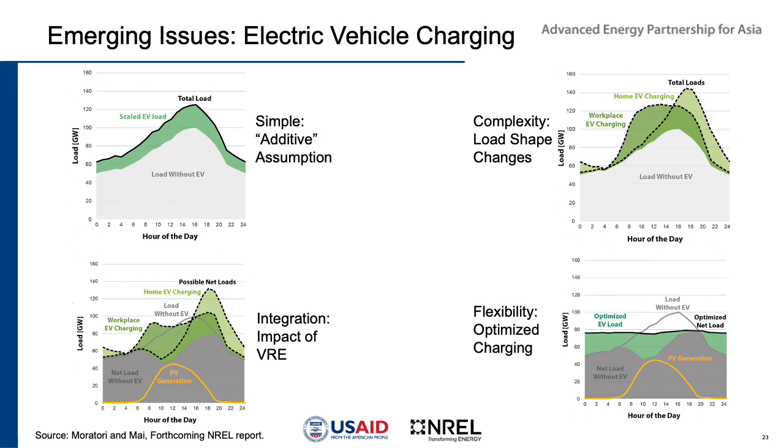In the bottom left-hand side, we've added photovoltaic generation to that, and then the concept of net load, which is the normal load minus the PV generation in this case. And again, we have workplace charging, and we have home charging.